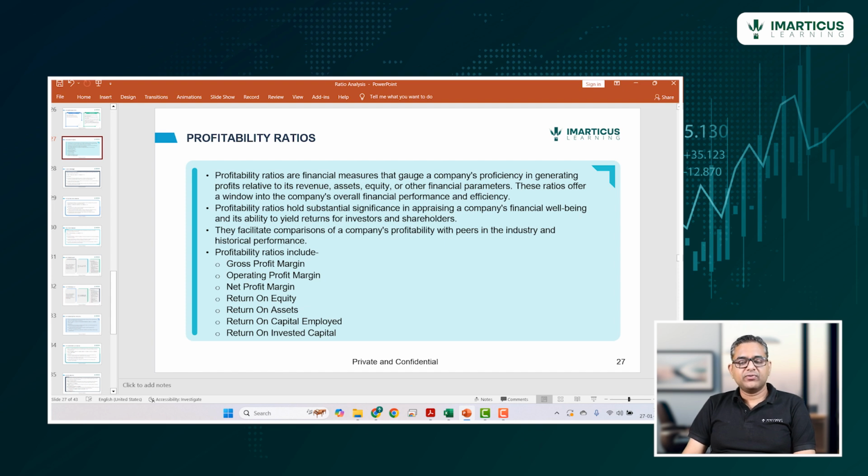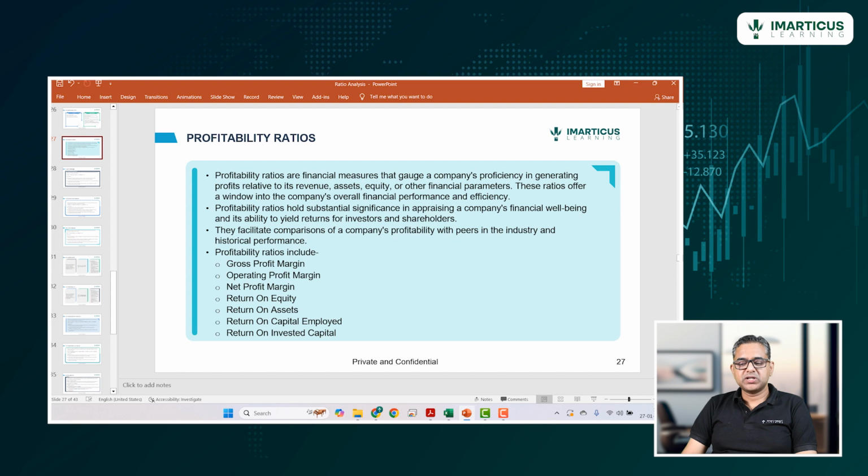These ratios offer a window into the company's overall financial performance and efficiency, right? These are like your return ratios, or your profitability ratios: what the company is able to generate as profits or as returns with respect to the revenue they earned, the assets they are using, shareholders' equity, etc.